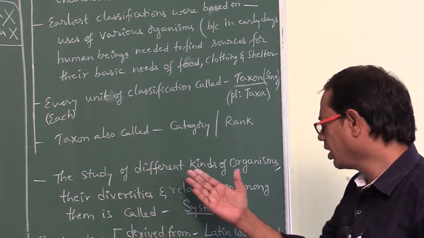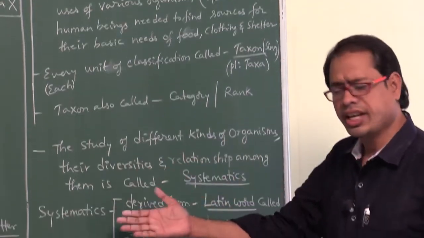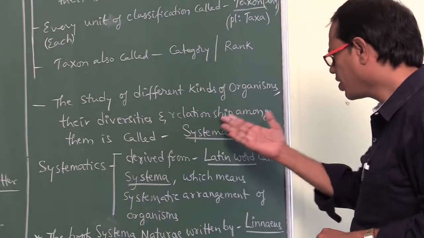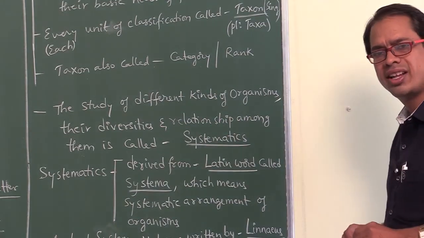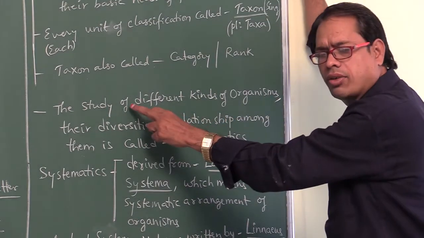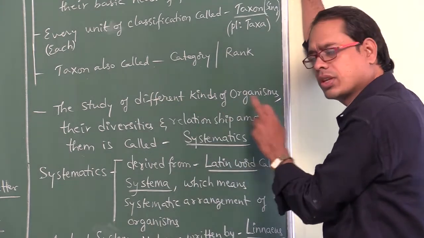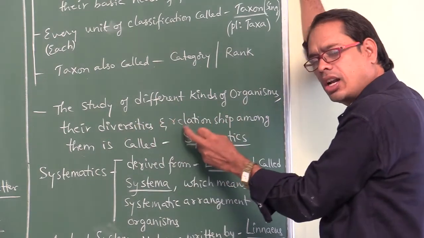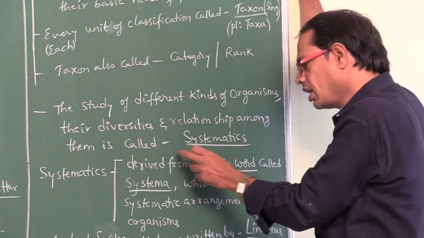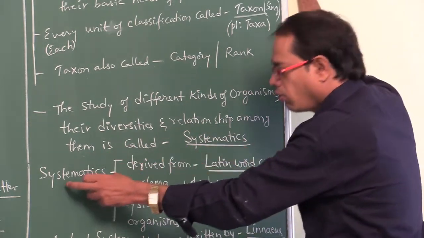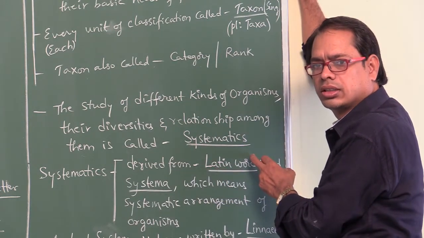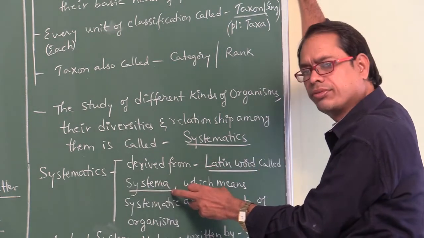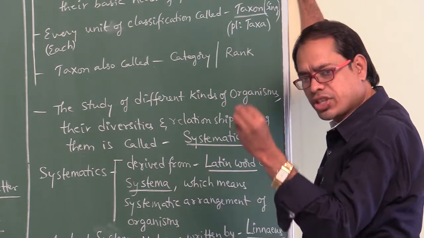The study of different kinds of organisms, their diversities and the relationship among them is called systematics. The word systematics is derived from the Latin word systema.